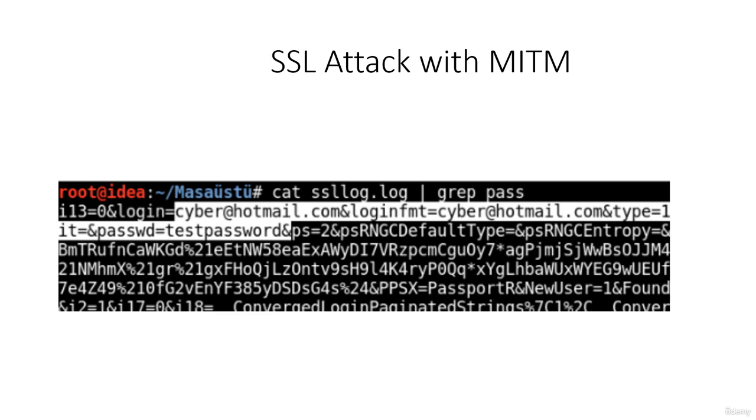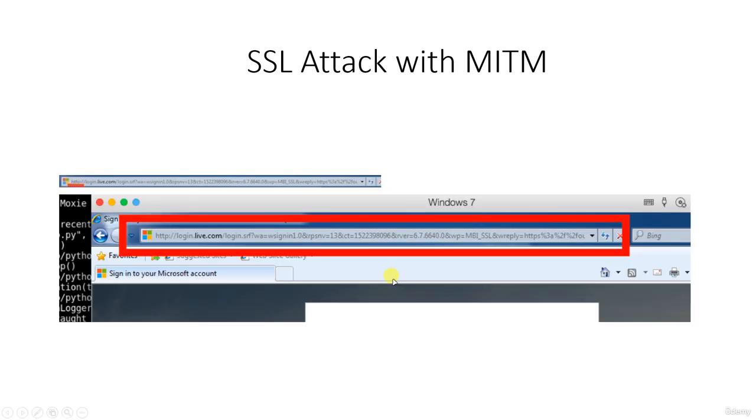As you can see here, the victim computer's web browser connection is HTTP, not HTTPS, because it changed the HTTPS connection to HTTP. So that's the whole SSL strip attack in a man-in-the-middle, and it's pretty easy, I think.